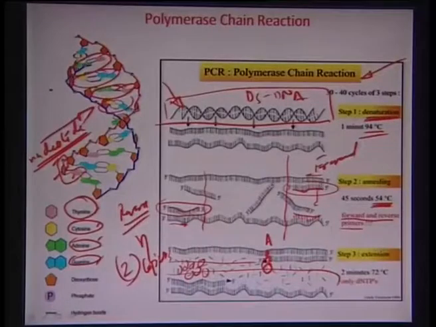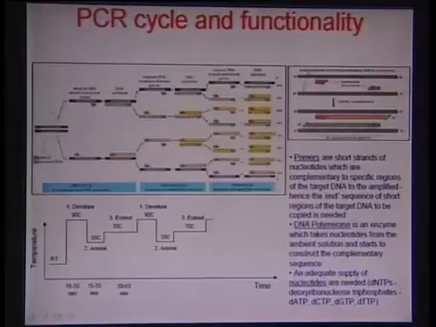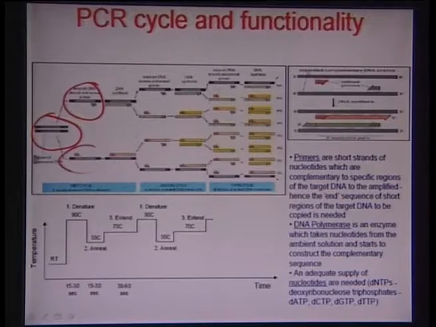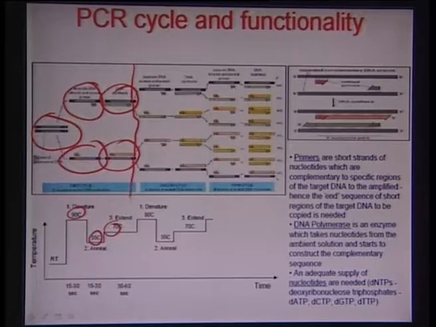So now let us look at some of the other aspects. Essentially you see a double stranded structure, you are splitting it open and bonding it to primers, and then you are completing it through an enzyme, and these are on different temperature scales, 90 degrees, 55 degrees, 70 degrees Celsius. Then from here again you repeat the cycle by heating and denaturing, bonding to the primers again, and then extending it.